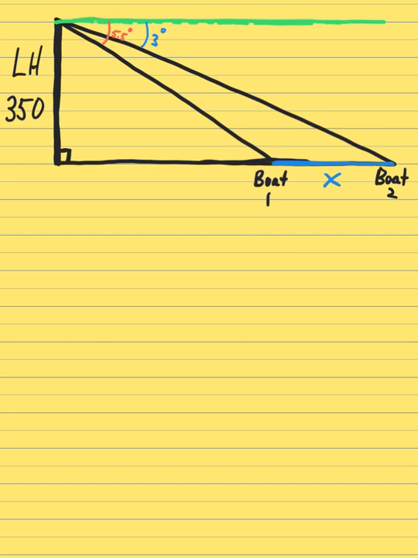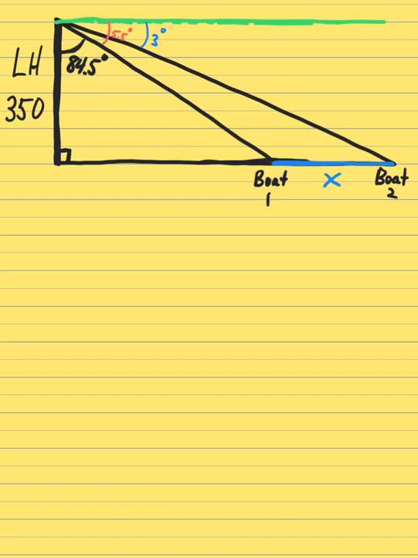All right, so looking at the angle labeled with red, 5.5, if we take 90 and subtract 5.5, that gives us 84.5.